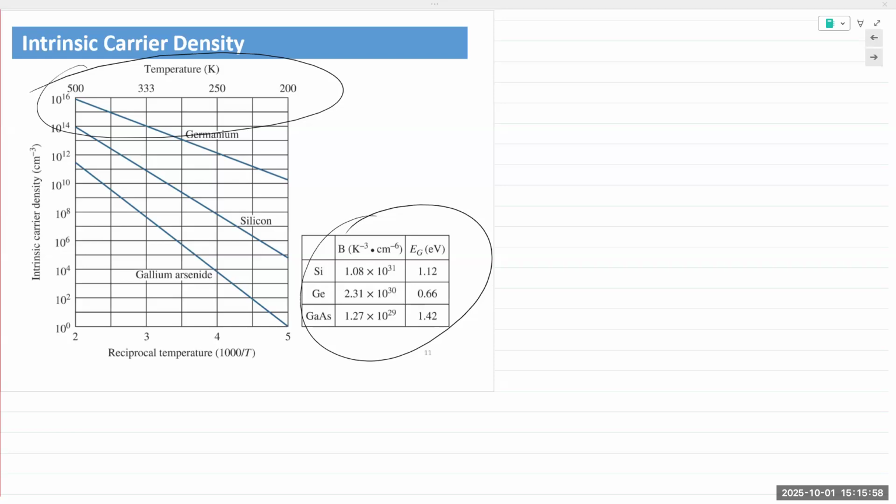Okay, what else do we see? Not just the graph, also look at the table. What do you see?